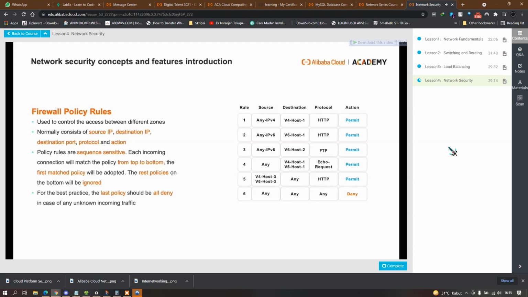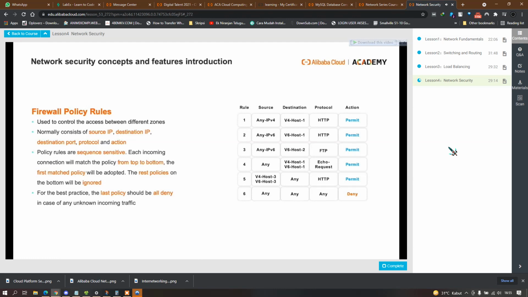And the next one, which is also very important, is that firewall policy rules are sequence sensitive. What does it mean? It means that each incoming connection will match the policies from top to bottom. It is very important. The first matched policy will be adopted, and the rest of the policies below will be ignored.